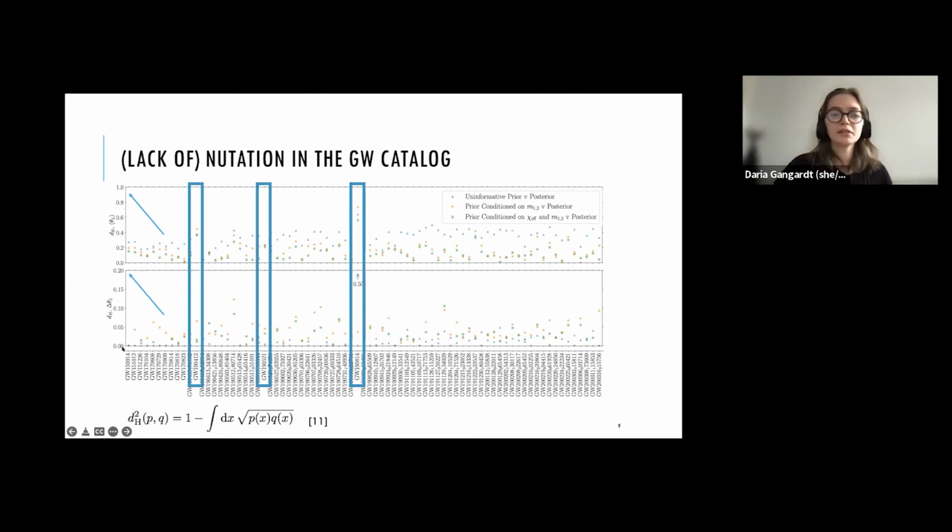Our Hellinger distances go between 0 and 0.2, and even for like the highlighted events here, it's still not very high. However, we are able to constrain precession for some of the events across the catalog. As you can see, the precessional amplitude goes between 0 and 1 on the scale on the y-axis, and there are some events that have some very high Hellinger distance values.